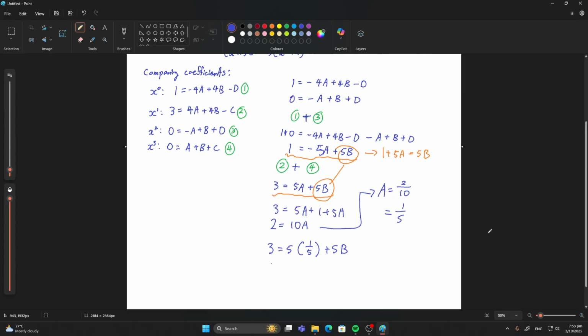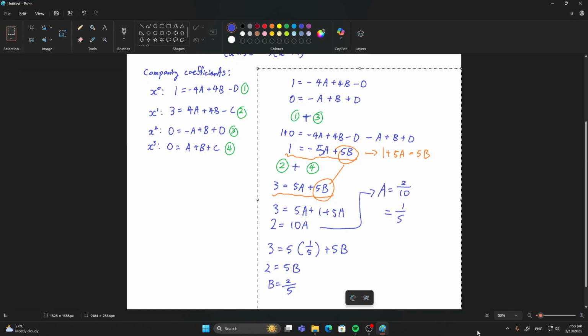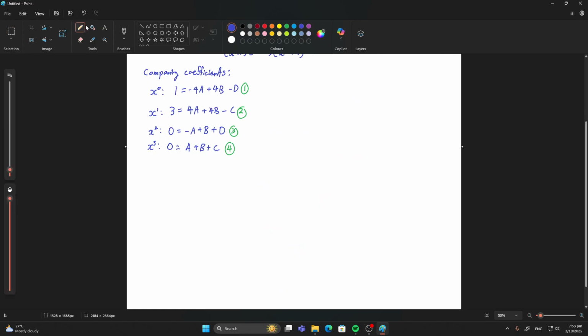So in this case, it's basically 2 equals to 5b, b equals to 2 over 5. Alright? Then I can just sub these two values into my equation 3 and equation 4 to find c and d respectively.